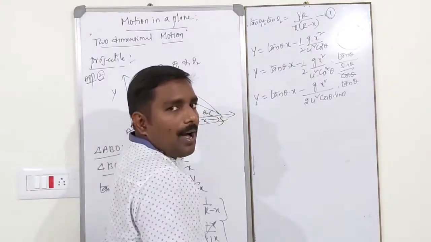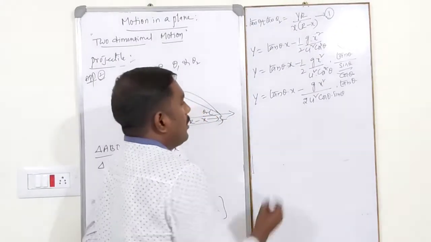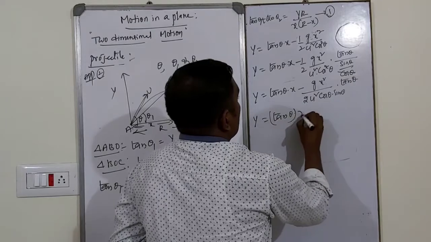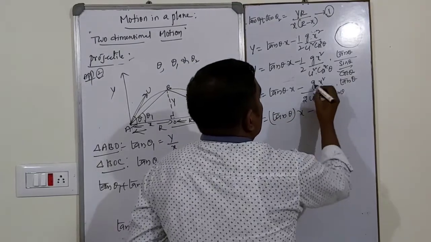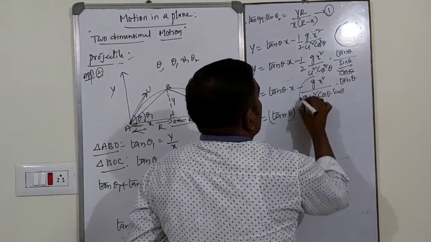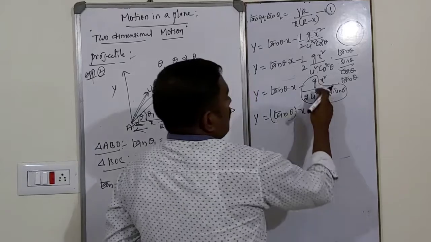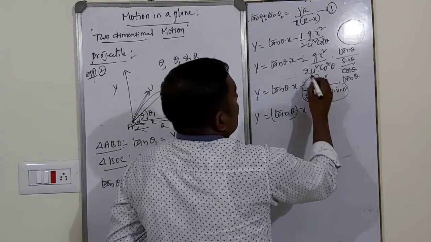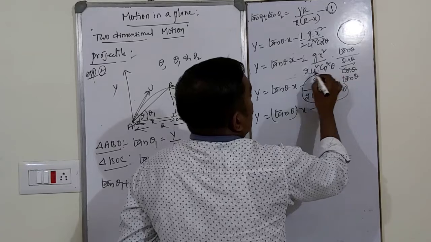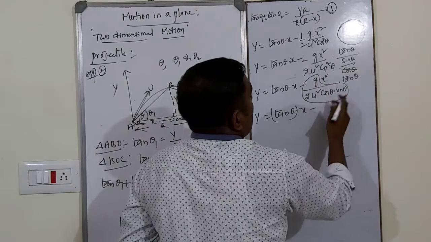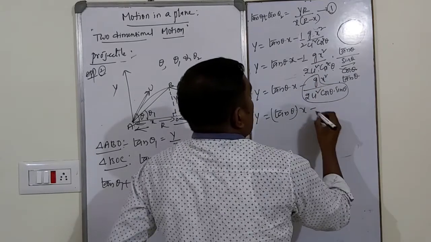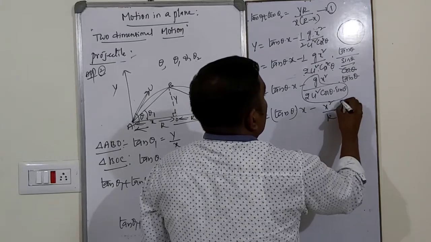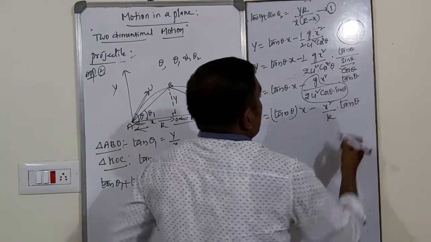That is nothing but r. That is 1 by r. So y is equal to x tan theta minus x square by r into tan theta.